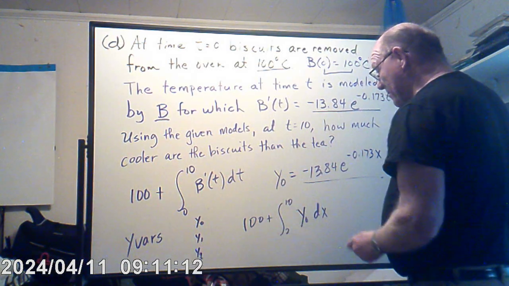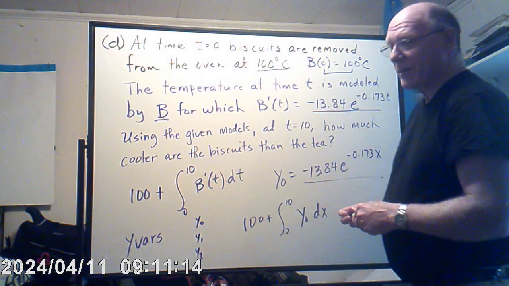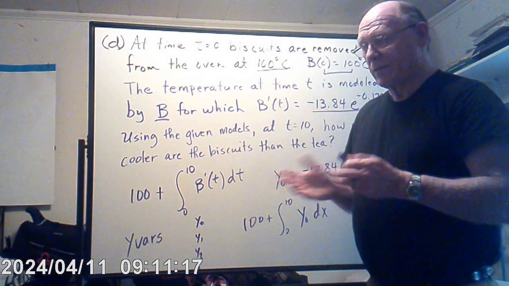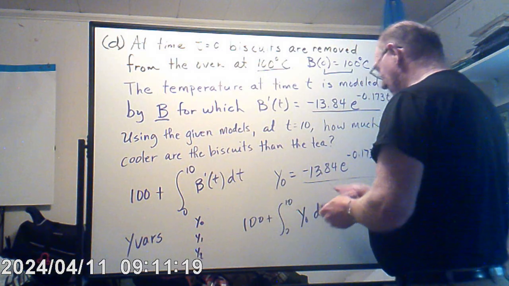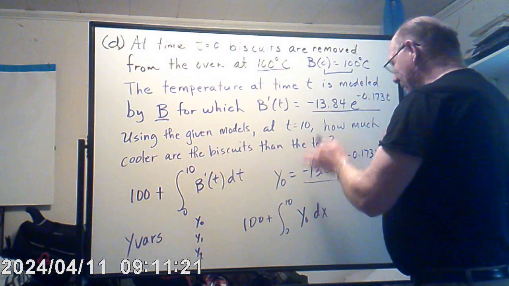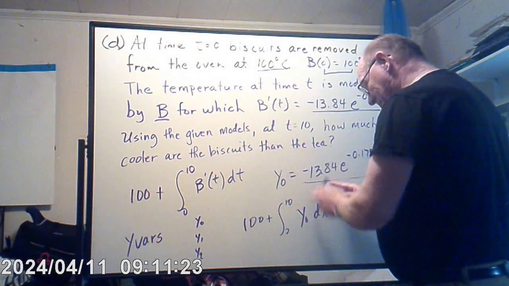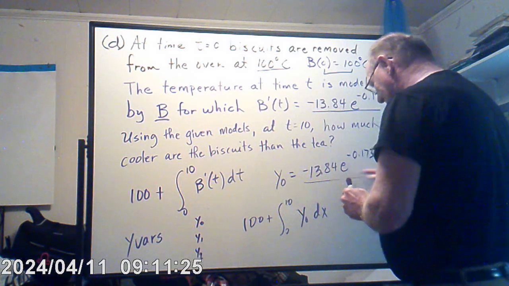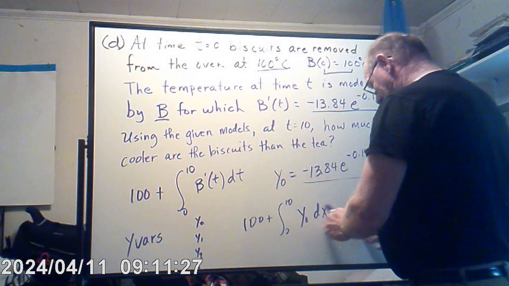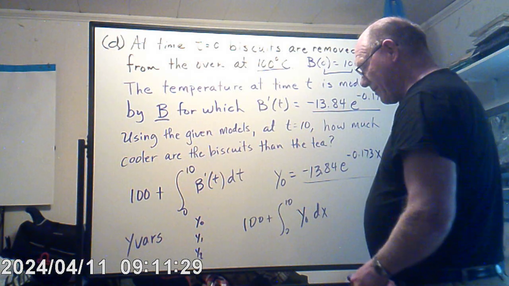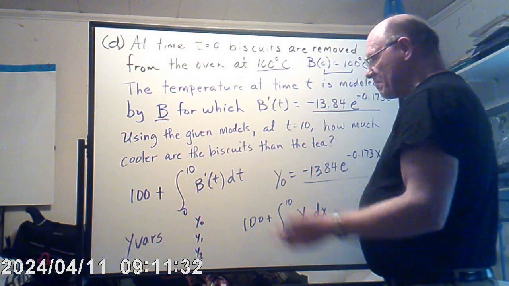And that's all you really need. If you can learn to do that, you're going to save yourself a ton of time. Now if you want to go ahead and plug this in, just put this all in there like this, and then the dx at the end. Of course we know it's dt.